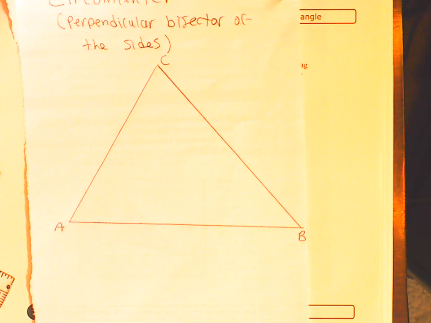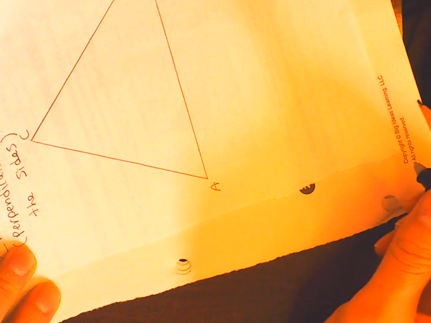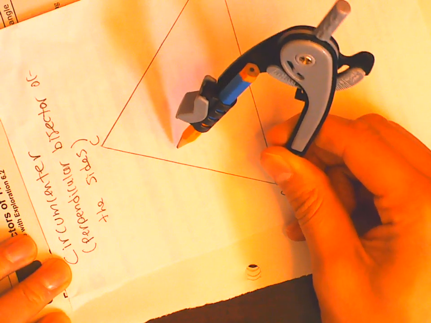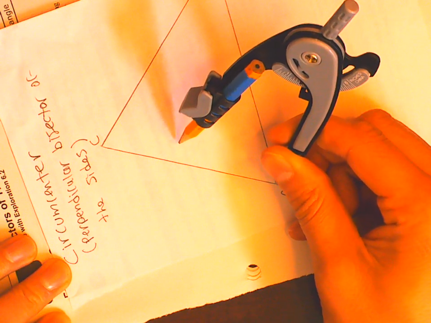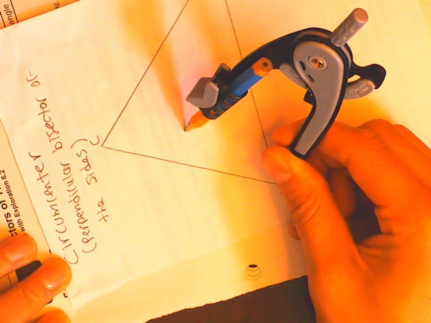And what I want to do is the perpendicular bisector of at least 2 of the sides. We're going to use our compass for that. Let's start with AC. I want to do a perpendicular bisector of AC. So I'm going to open up my compass to a distance that is more than halfway. This is almost halfway, so maybe just a little bit more. I'm going to draw 2 arcs, one from A and one from C, such that the 2 arcs intersect each other.